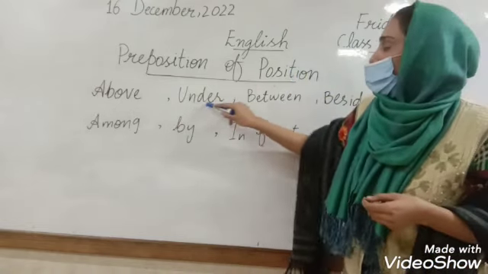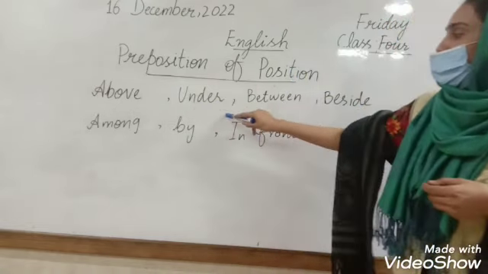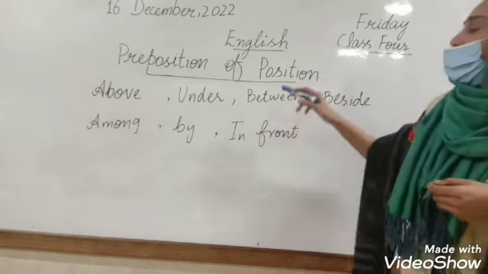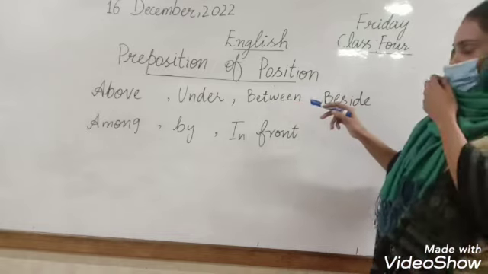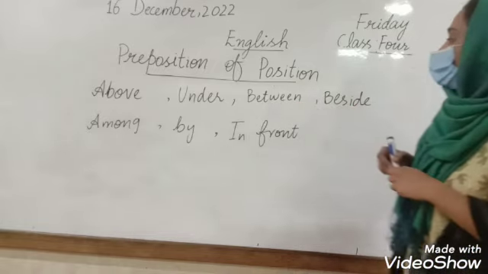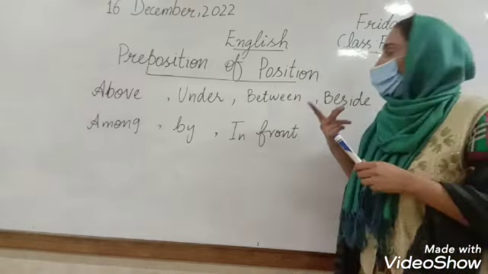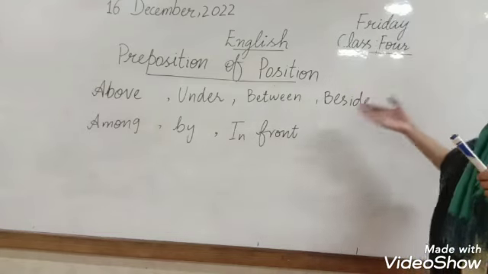We learned about under. Under is used when something is just below the surface. We also learned about between. Between is used when something is placed between two objects or two persons.